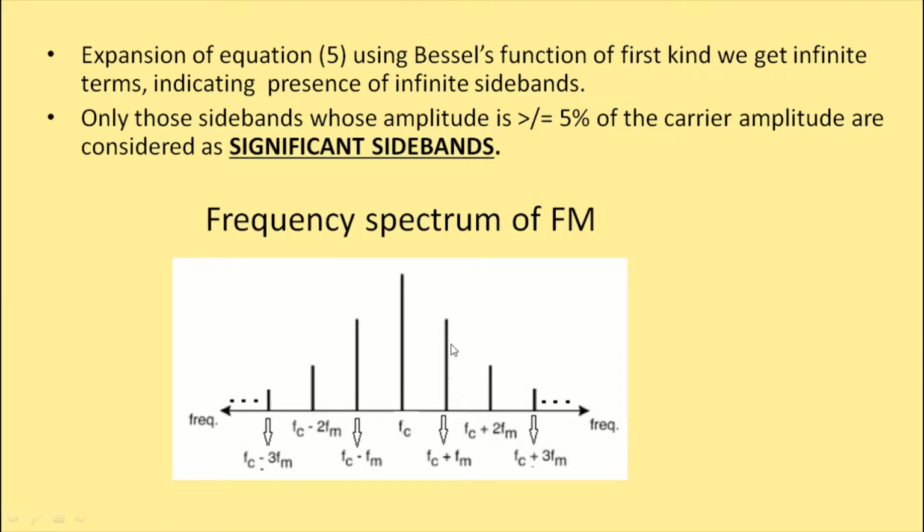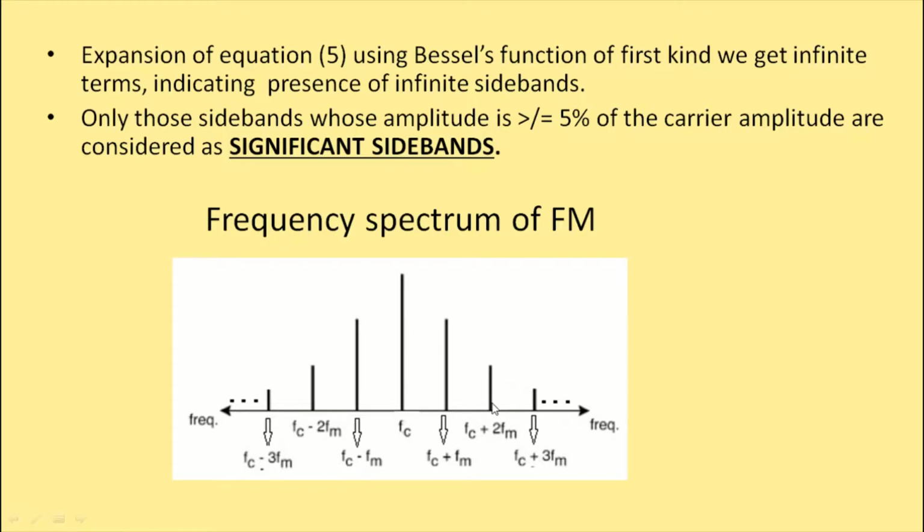And on the right hand side, the first component you can see is the first sideband at a distance of Fm, along this horizontal axis on which we are marking the frequency. That means the first sideband has a frequency of Fc plus Fm. Now this is nothing but the upper sideband, and correspondingly I will have a lower sideband, which is a mirror image, at frequency Fc minus Fm.